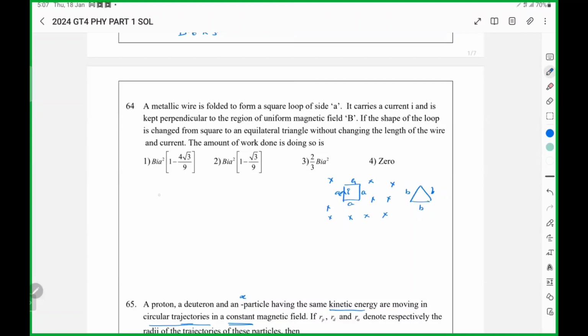So the amount of work done in this process is this.